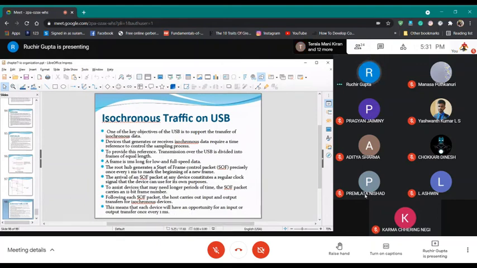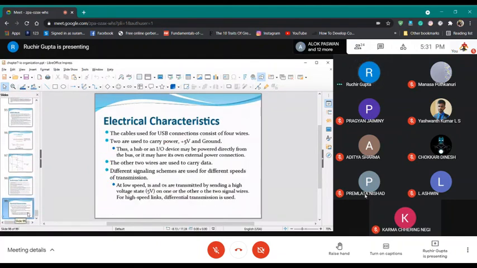That means you have partitioned the whole duration into slots of 1 millisecond, where any device can make a transfer. So this is the basic idea.